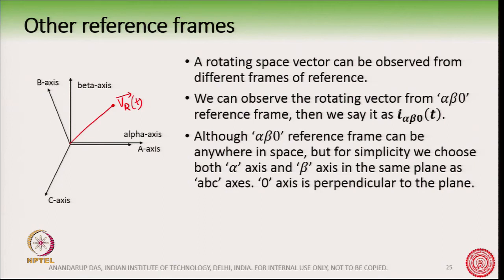Okay. When we observe it from alpha beta 0, we say this is I alpha beta 0. And when we observe from the ABC, we say it is I ABC, the same space vector. And the 0 vector is perpendicular to this plane.